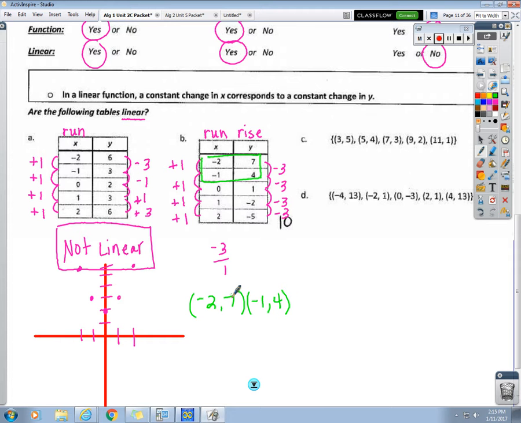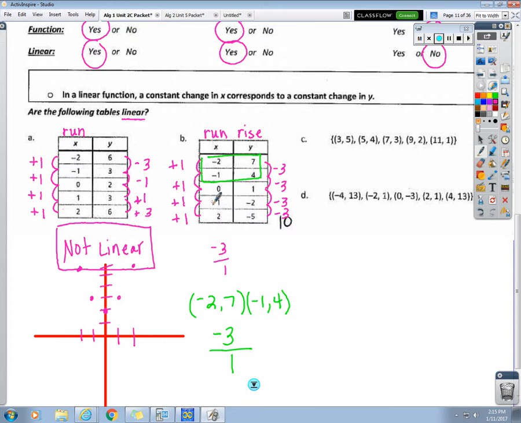4 minus 7 is negative 3. Negative 1 minus negative 2 is like negative 1 plus 2, correct? Which is positive 1. See how I got the same slope when I did 2 points as I did when I looked at the pattern?